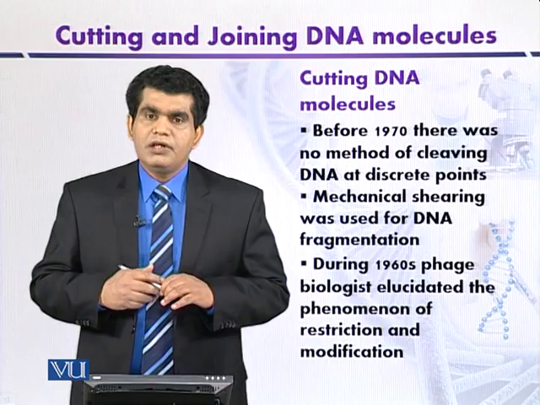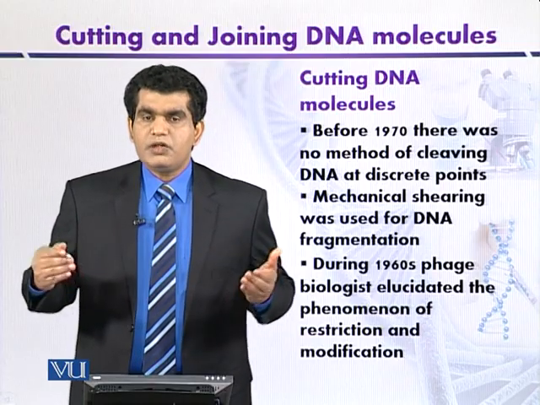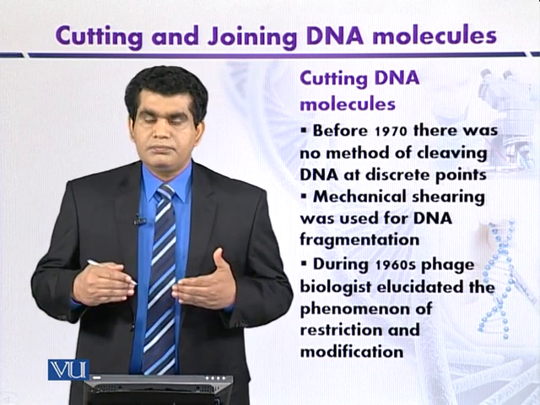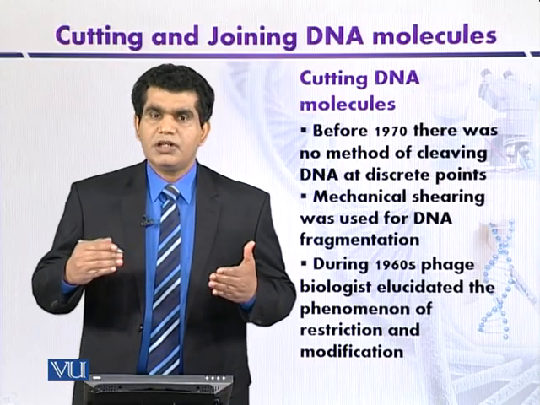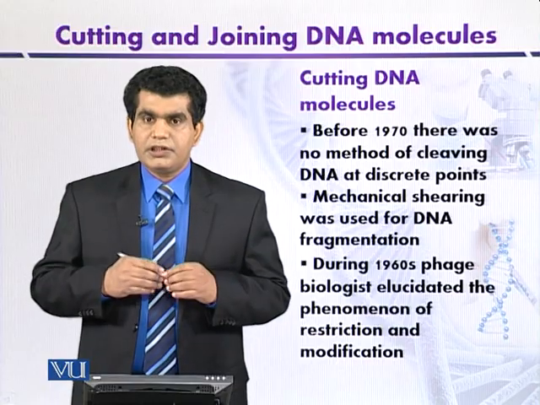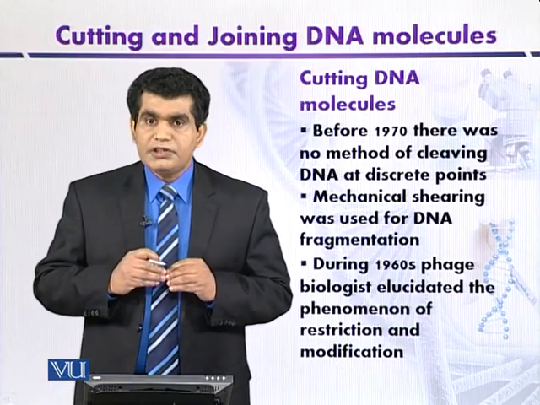A few years later, scientists discovered another valuable restriction enzyme from another organism called Haemophilus influenzae. It is also a bacterium. The enzyme isolated from it was more valuable. What was the reason?